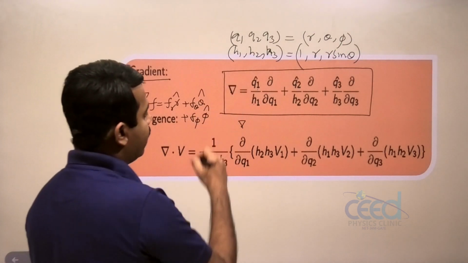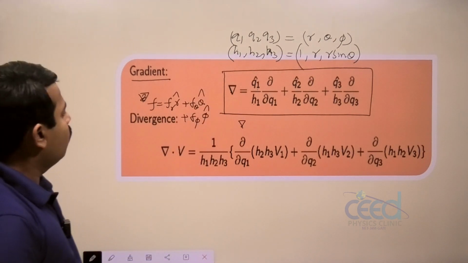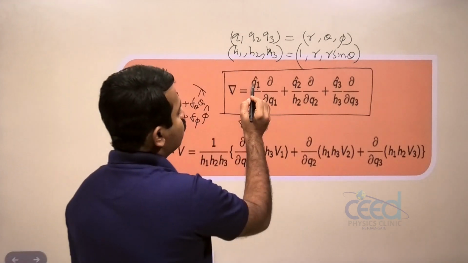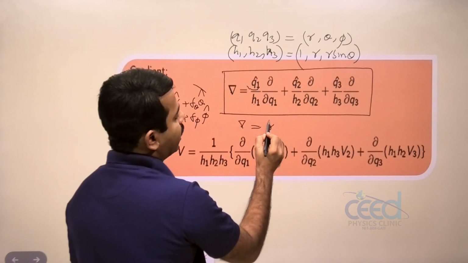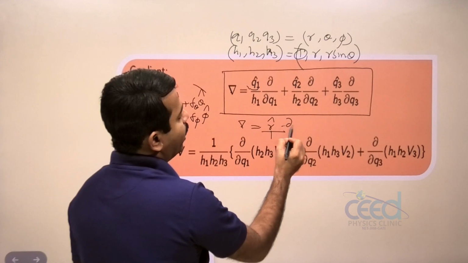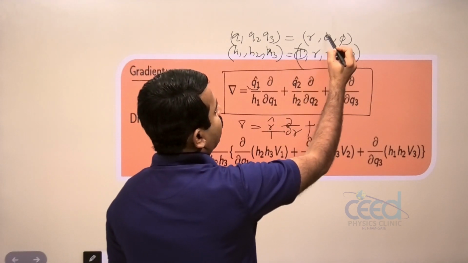Then I can write, so how do we represent the gradient? It is r cap divided by h1, which is 1, dou by dou r, plus, what is q2 cap? That is our theta cap.